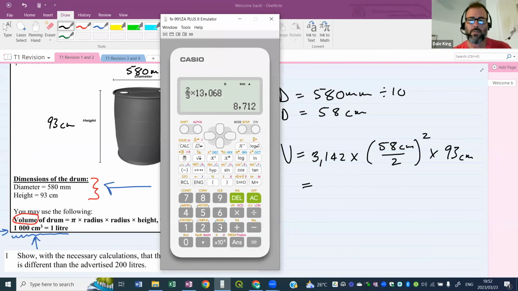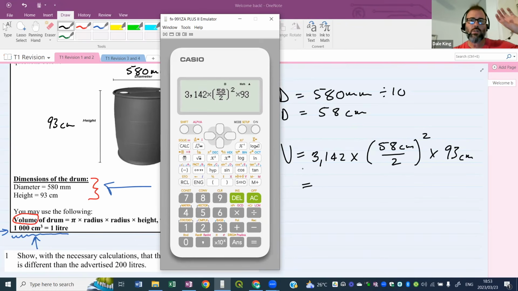All right. So 3.142 times, I'm going to use a bracket. Okay. So 58 divided by 2, and I want to square it, and then times that by 93. Now, Teacher Dale likes to put all these little bits and pieces in one formula.